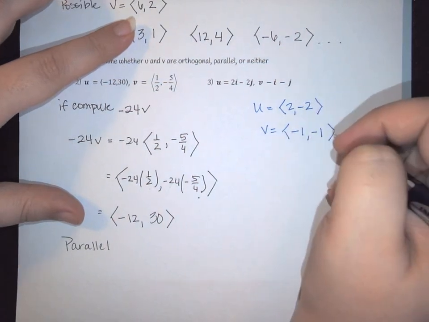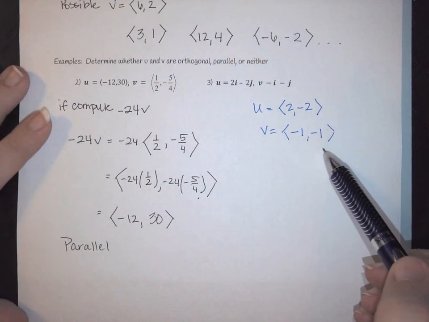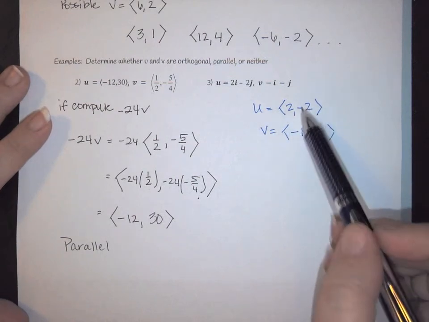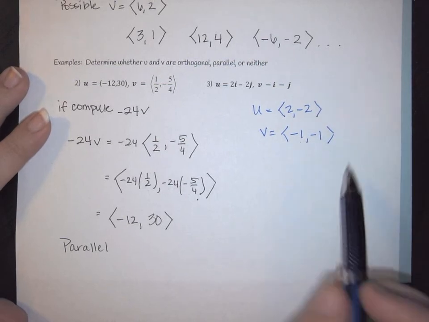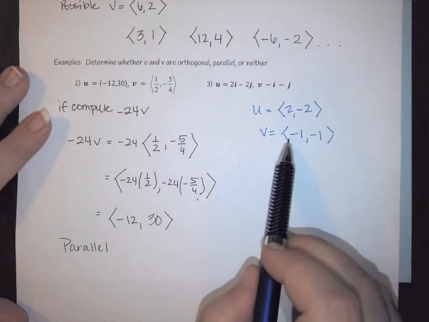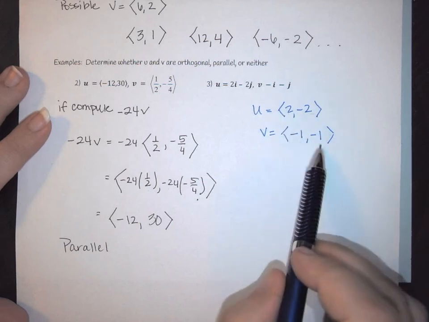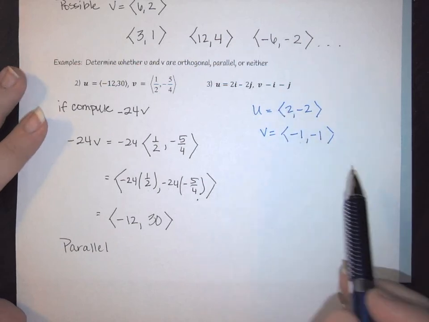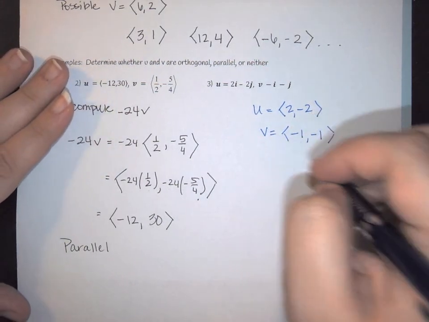So first and foremost, there is nothing that I can multiply either of these by that's going to give me the other. The reason is that both components of one are negative, and on the other, only one of them is. So there's no way to make them equal. So they're not parallel. But we have to check, are they perpendicular?